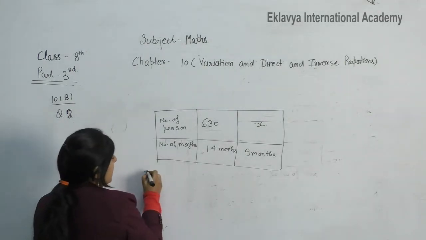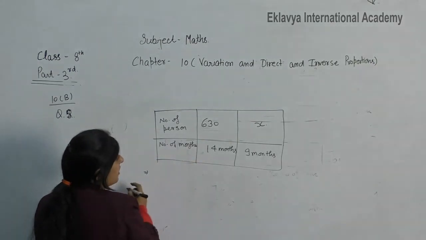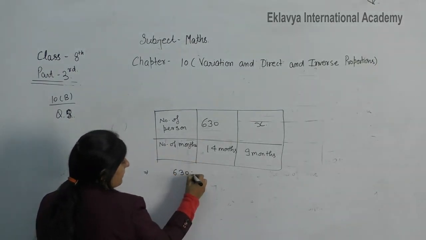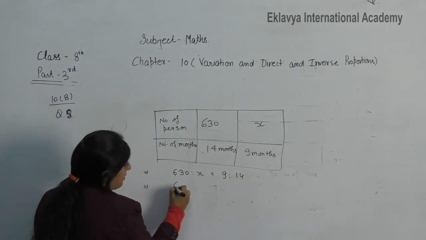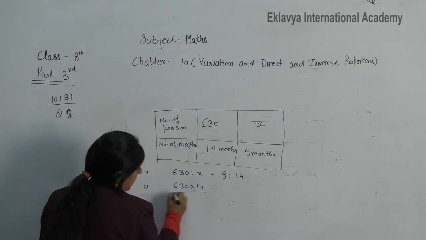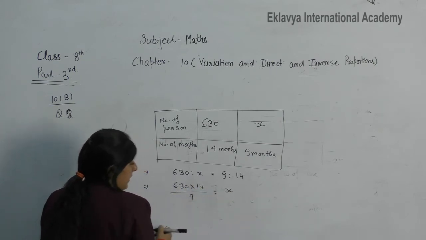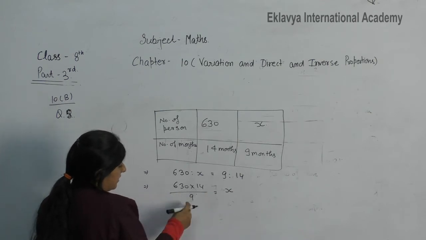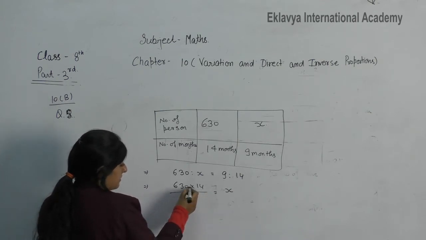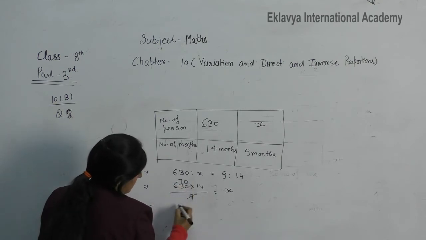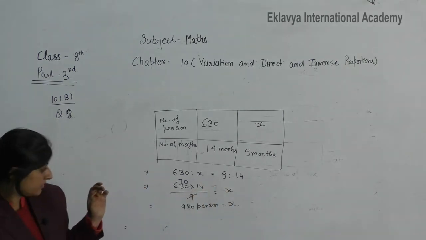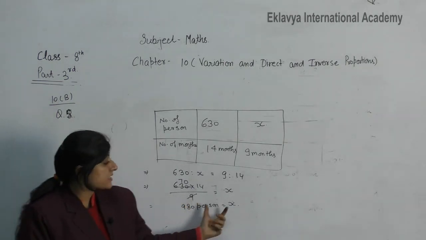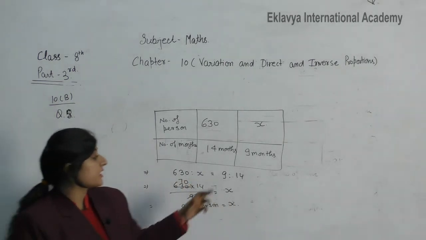So what is the relation? You can take this ratio: number of persons is equal to number of months. Then solve it. 630 multiplied by 14 divided by 9 is equal to x, and we cut it. It means 980 persons are required to complete this work in 9 months.